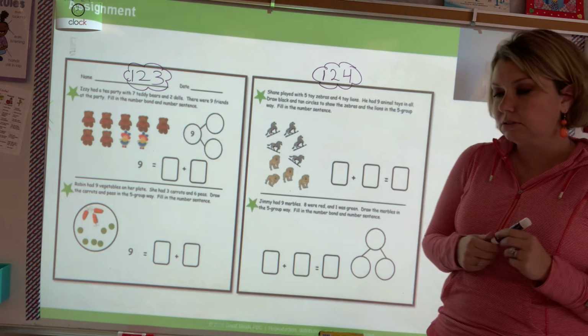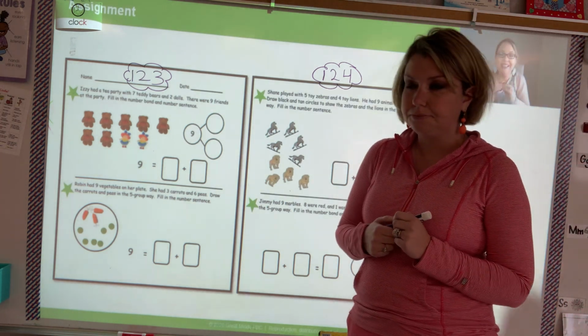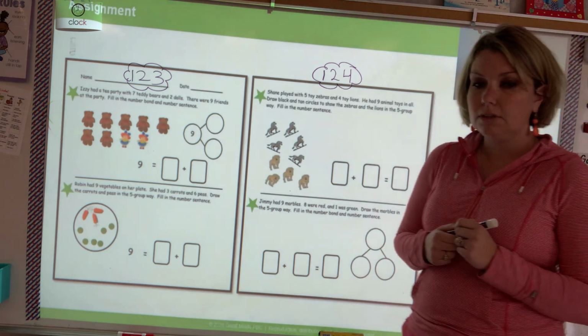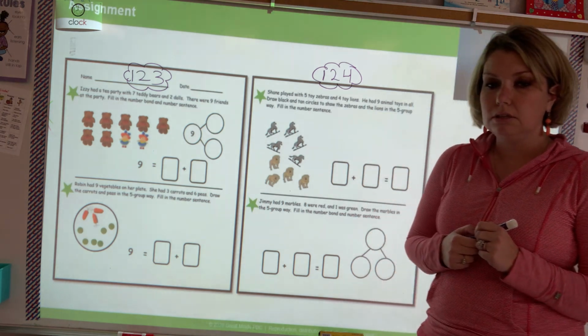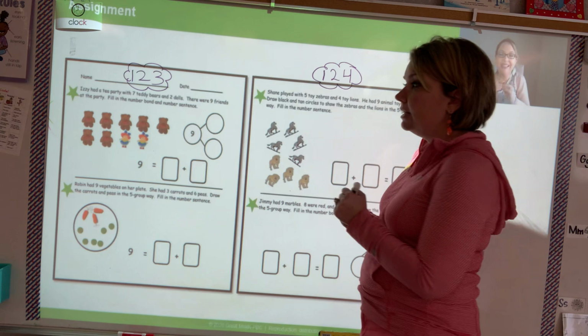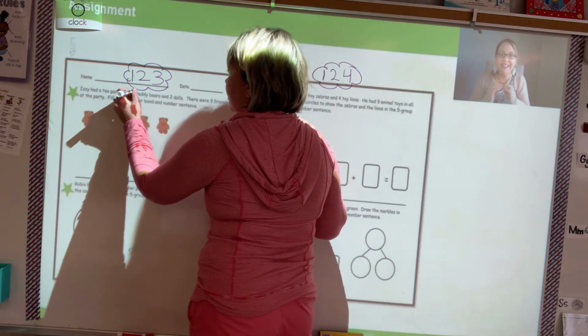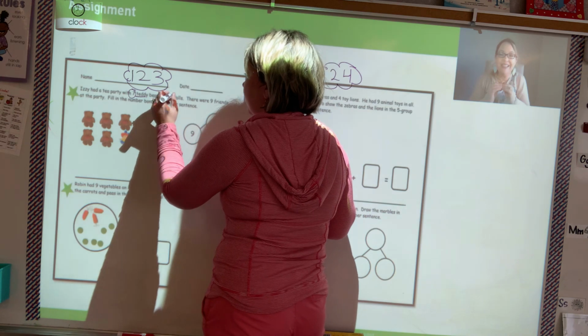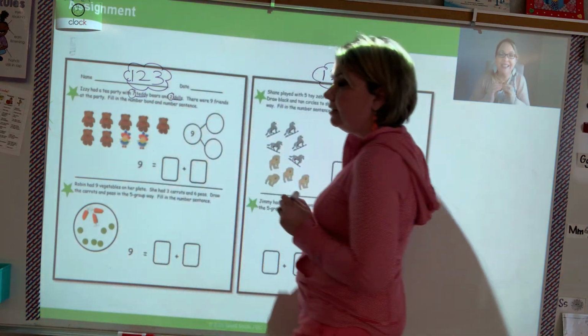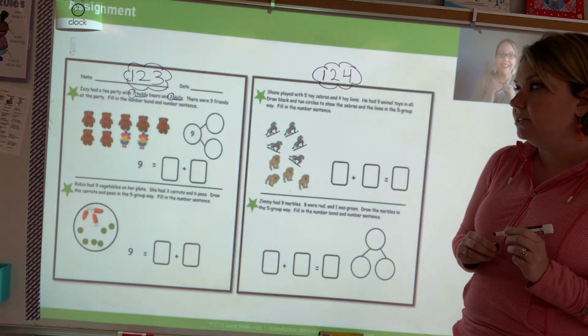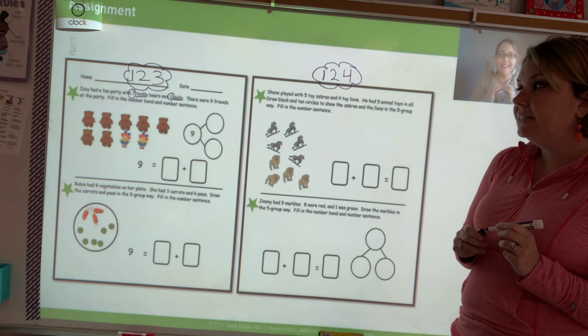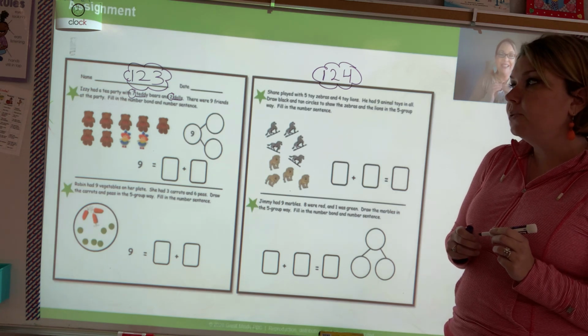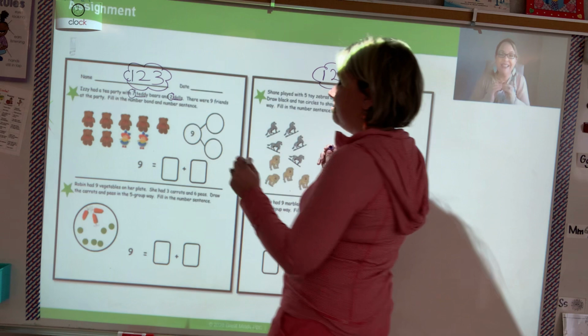Nicole? No, this is not what we should do. No, there is. Look, there are 7 teddy bears and 2 dolls. That lets me know how many of each. The second sentence says there were 9 friends at the party.